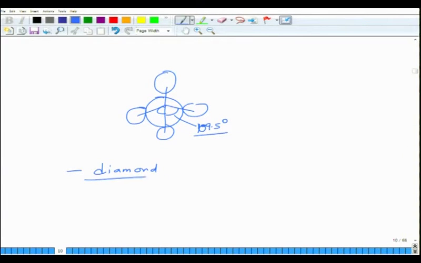This is the same thing that happens in diamond, or silicon. So in case of methane this would be carbon, this would be hydrogen, this would be hydrogen, this would be hydrogen. In case of silicon, if I just make a tetrahedra, okay, this is the tetrahedra that we can have.